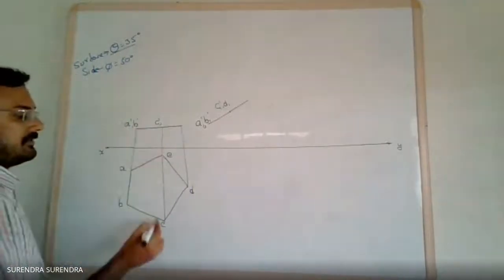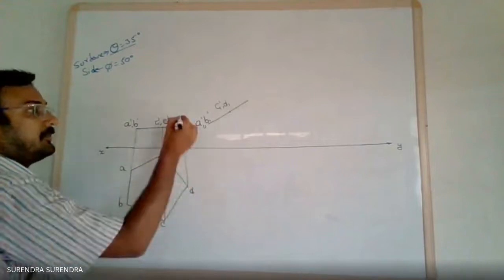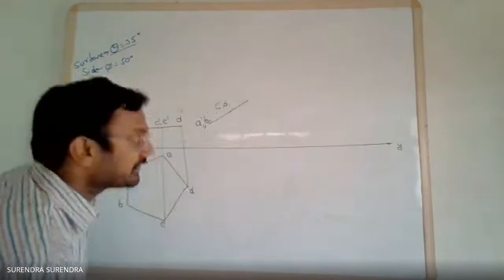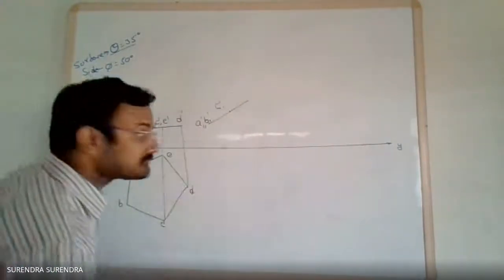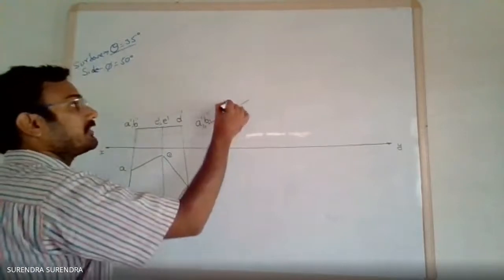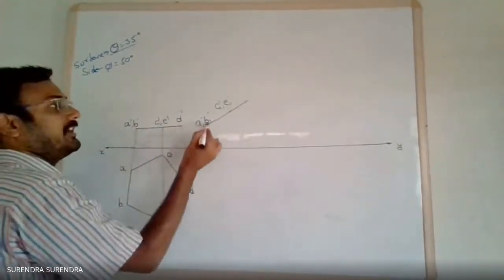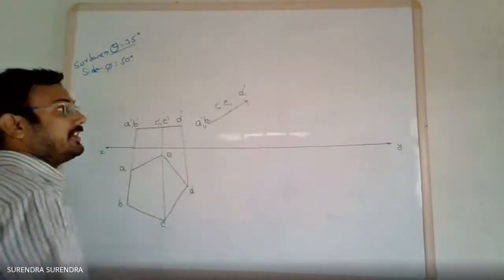A dash, B dash, C dash and E dash, and this is the point D dash. So here it should be E1 dash. Measure the distance from A to D, and with A as center, draw an arc to get the point D1 dash.